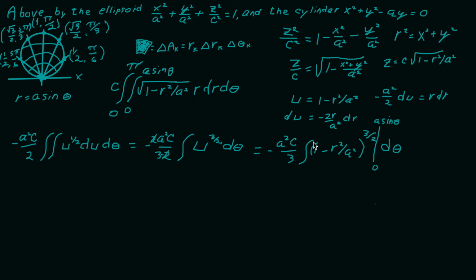We plug the u back in here, the (1 − r²/a²)^(3/2), and take the limits of integration 0 through a sin θ. We'll now plug this in for our r's.